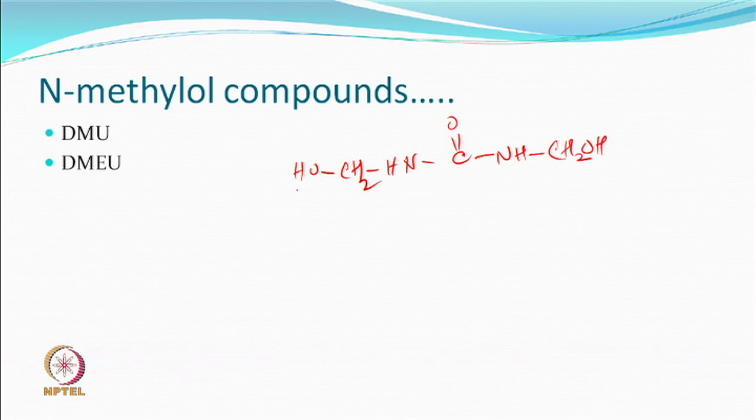Another series of compounds which came we call the DMEU, which is dimethylol ethylene urea. Another compound which again became quite a commercial success was called the DMDHEU, which is dimethylol dihydroxy ethylene urea.